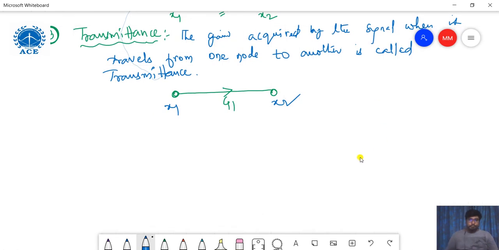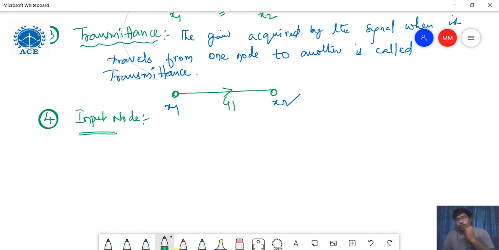And the fourth term we'll see is input node. Input node is also called source node.